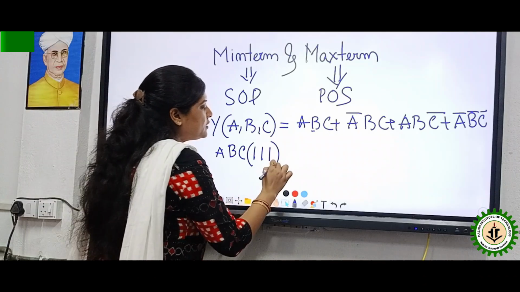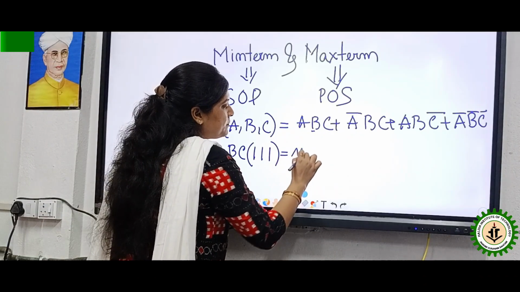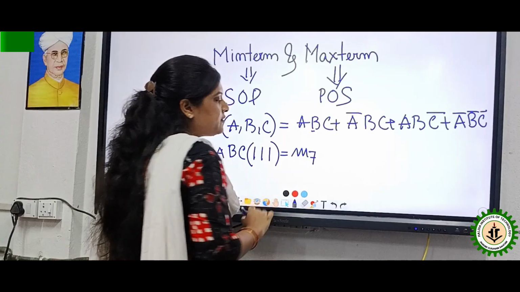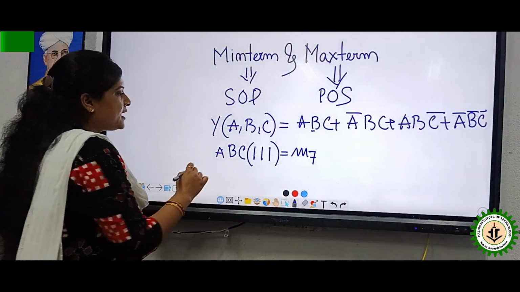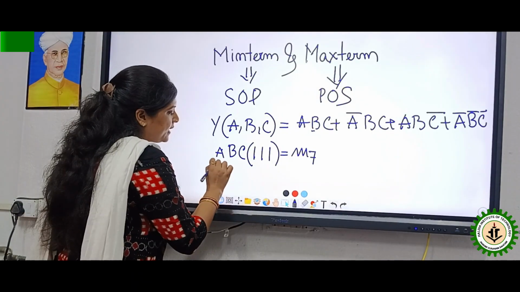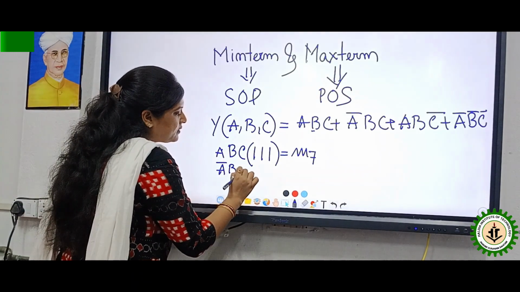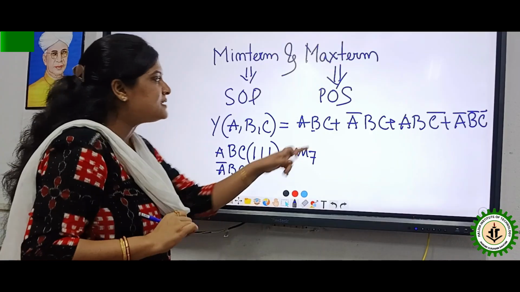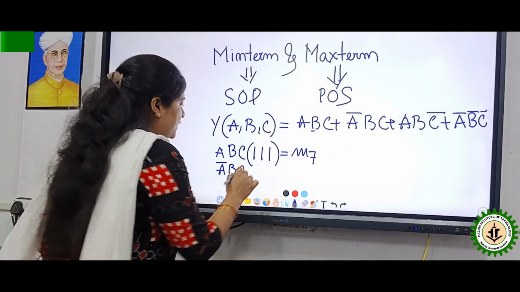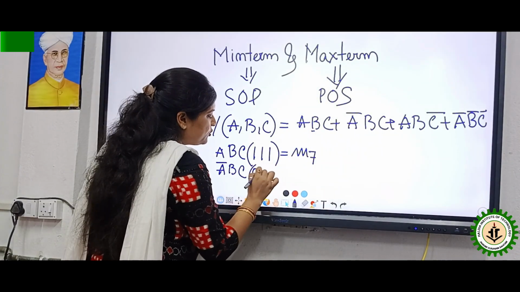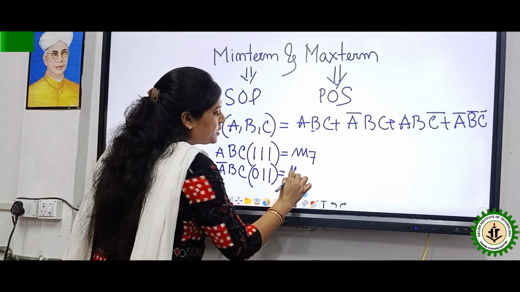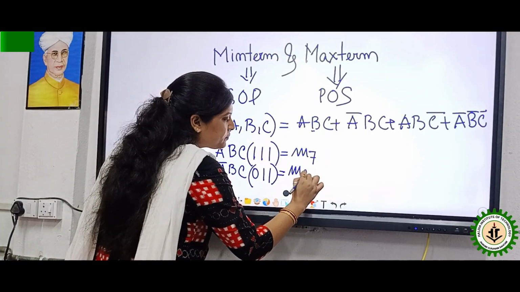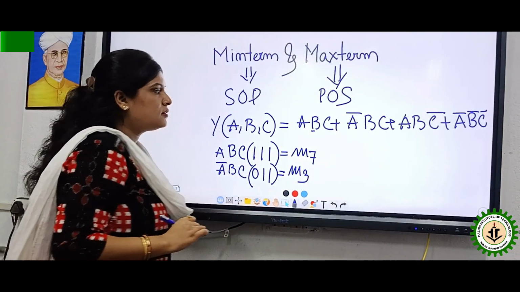So 1, 1, 1 means M7. Now what is the next term? That is A complement B, C. As it's A complement, it will be written as 0, 1, 1. 0, 1, 1 is nothing but M3.